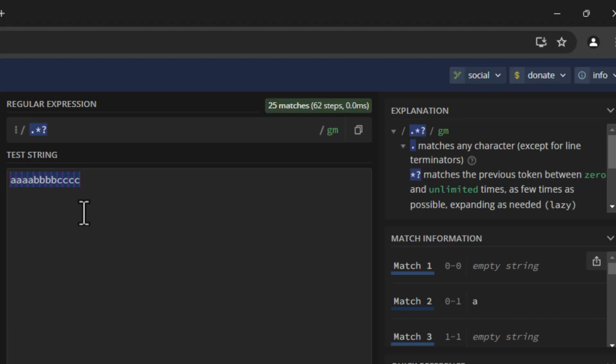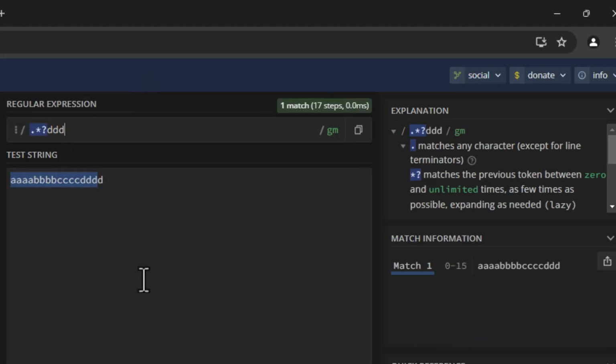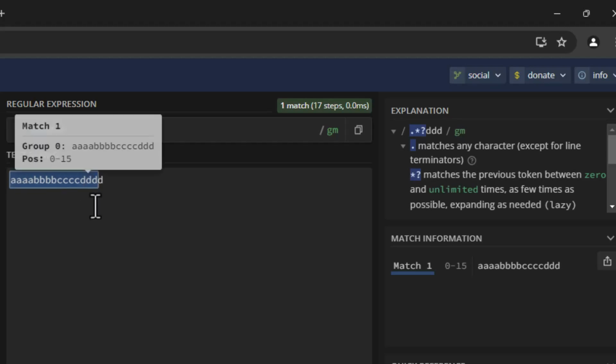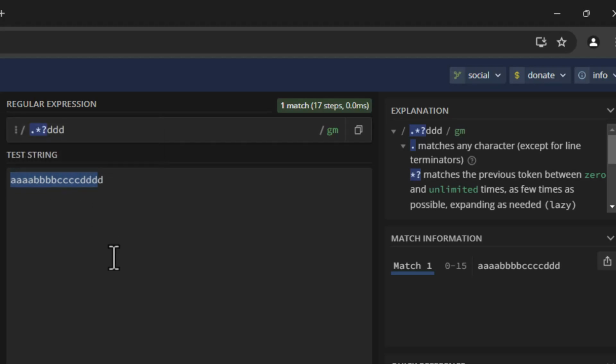So it would expand if needed. So if, let's say, I introduce DDD here, then it is forced to match in order to match the entire regular expression for the greater good. So that's when the question mark would go on matching anything in the input string forcibly.